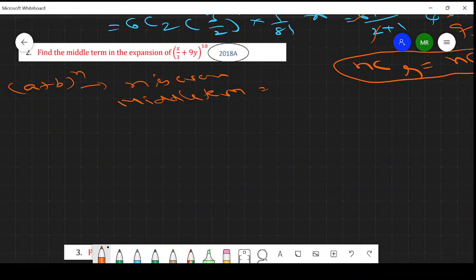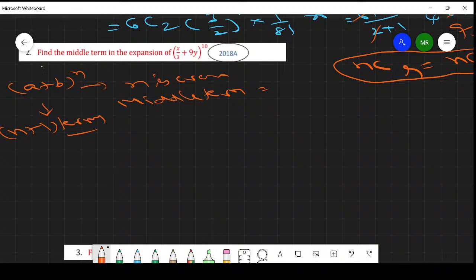For example, if you expand (a plus b) whole square, we get 3 terms. (a plus b) whole cube gives 4 terms. The number of terms in the binomial expansion is 1 more than the index of the binomial. So you will get n plus 1 terms.